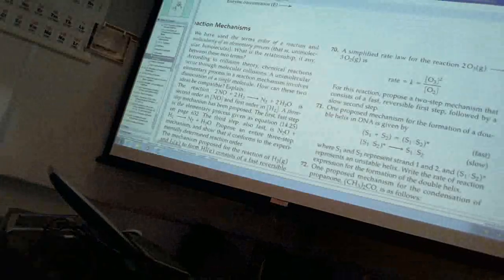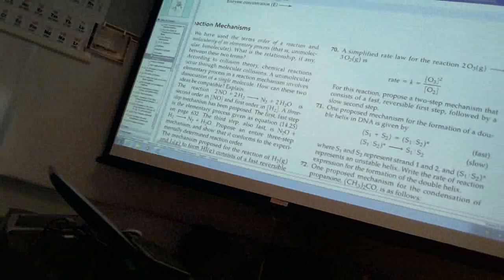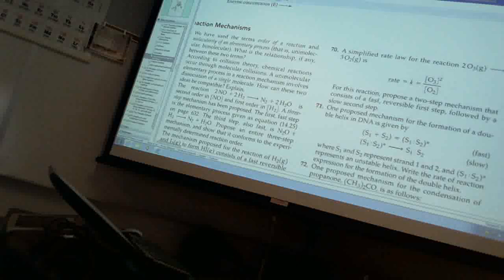You have this in your notes? Rate is equal to K, A to the little a, B to the little b. Do you have that in your notes? Elementary process.